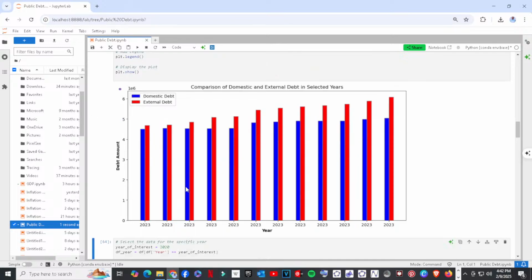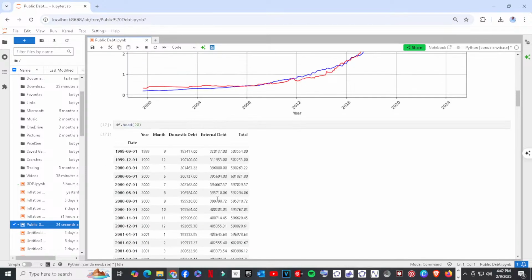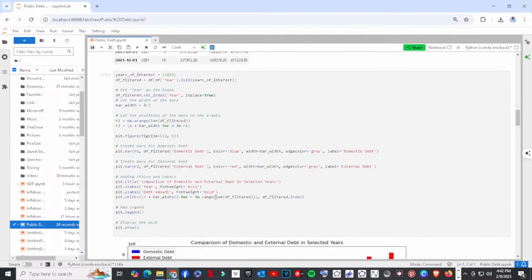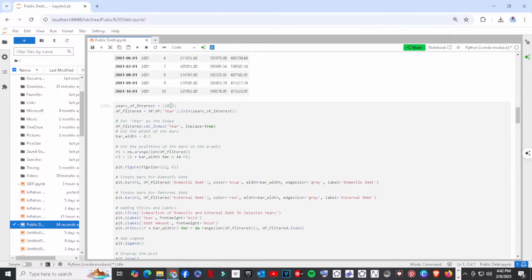So we see that in the year 2023, external debt is higher in all the instances. External debt is higher than domestic debt. Let's see what that should tell us about the year 2009.